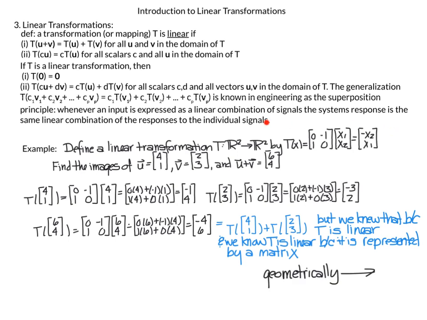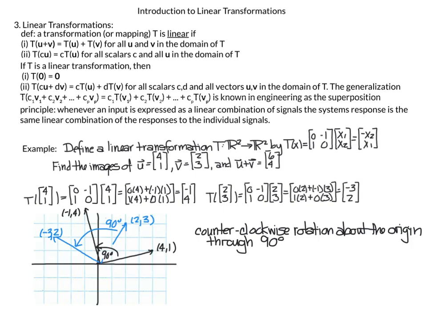Now let's take a look at this transformation geometrically. I plugged in my (4, 1), and what we saw is we got negative 1, 4, which is this vector here. So it essentially rotated this vector by 90 degrees. Similarly, my vector (2, 3) resulted in negative 3, 2, so that also rotated my vector.